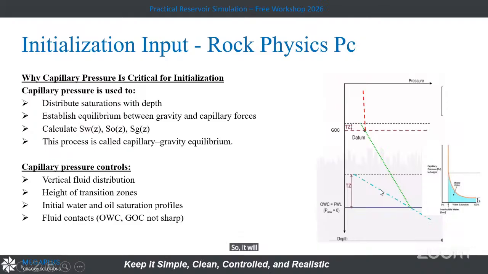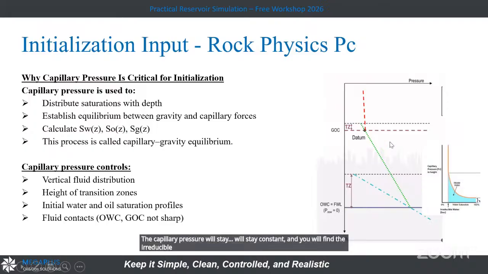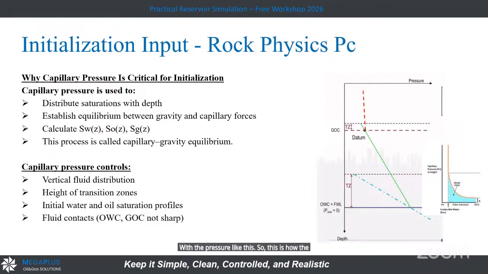So it will distribute saturation until what happened? Until the capillary pressure stays constant, and you will find the irreducible oil saturation distributed with the pressure like this. So this is how the capillary pressure works in distributing the saturation, knowing the pressure.